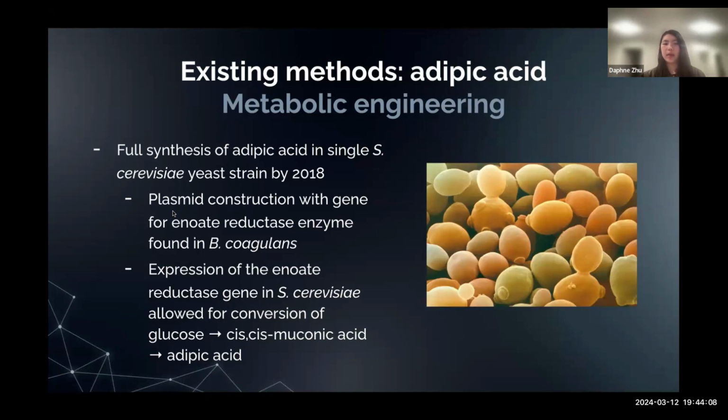They genetically engineered these by making a plasmid with this gene found in this bacteria species. The expression of this gene and the synthesis of this enzyme, which was capable of reducing a certain type of bond, allowed for the conversion of glucose to muconic acid and adipic acid in that pathway.